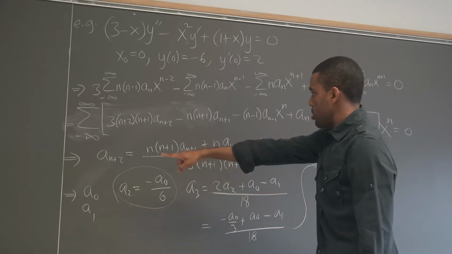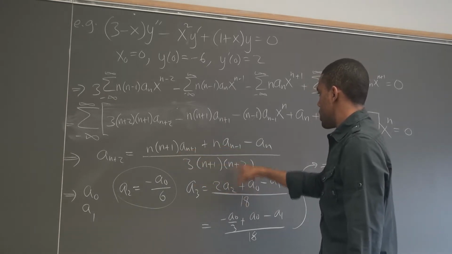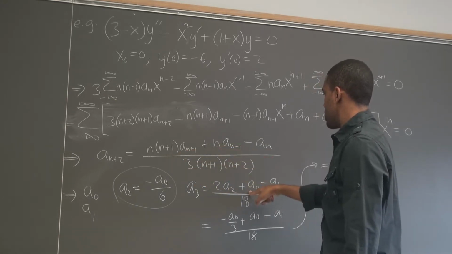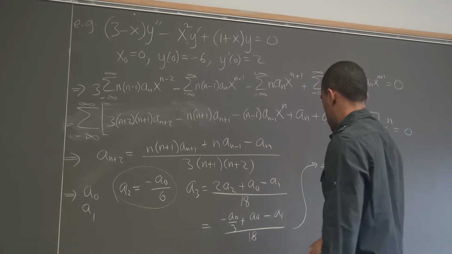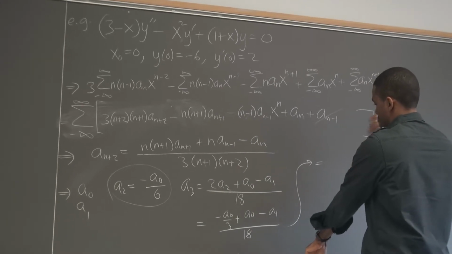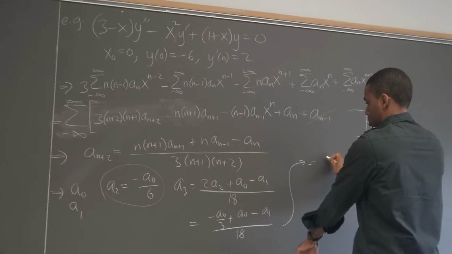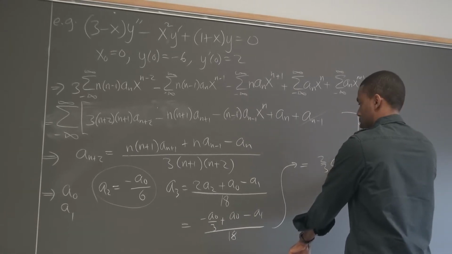So now for A3, I plug in n equals 1. This gives me 2A2, n equals 1 gives me A0, n equals 1 gives me A1. Okay, so now what would we have? I don't seem to remember getting this answer last time we were there.